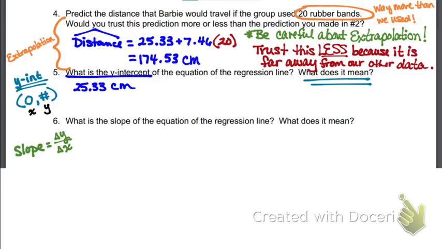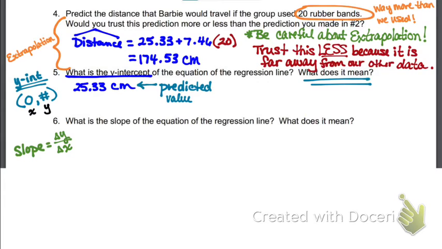So what is this 25.33? That's not exactly what was observed. What does the hat mean again on y hat? Estimated or predicted. This is the predicted value.